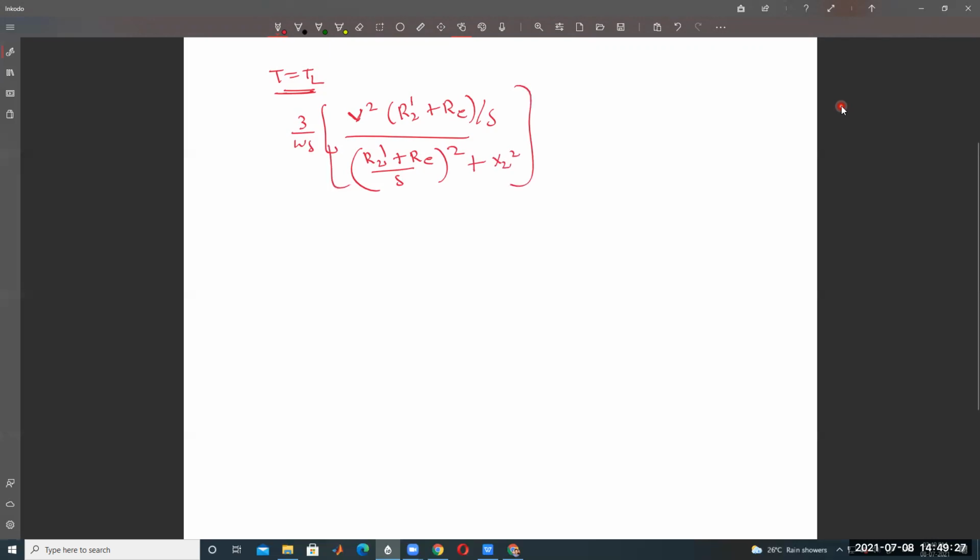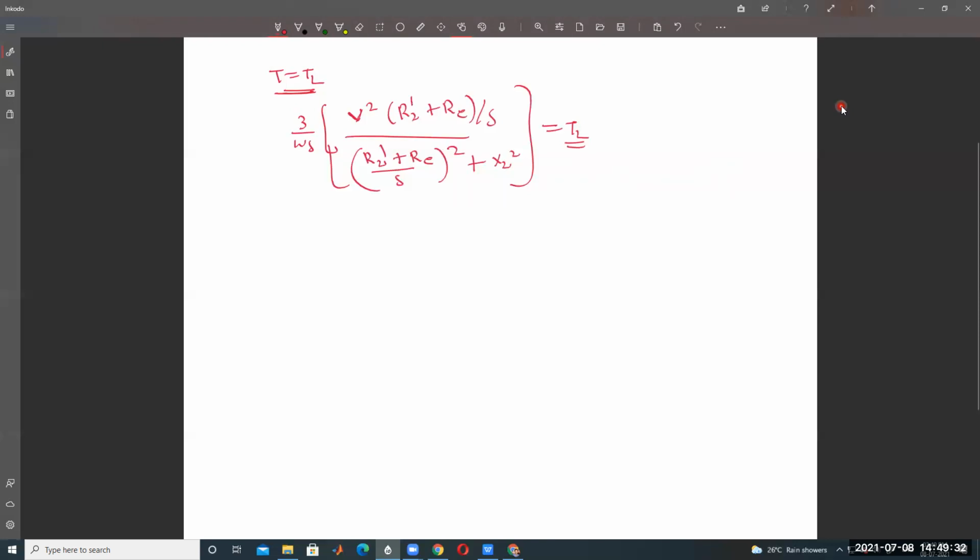So at equilibrium, the load torque is equal to 3 divided by omega_s into V squared into R2 dash divided by R2 dash plus R external, some resistance included in the rotor, divided by ((R2 dash plus R external) divided by S) whole squared plus X2 squared, equal to the load torque.